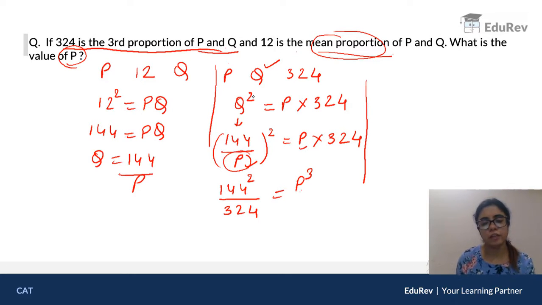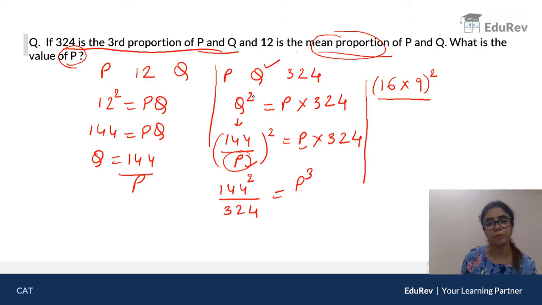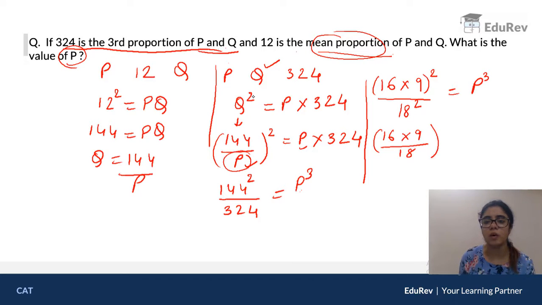Now can I write 144 as 16 into 9? 144 is 16 into 9, the whole square. Now what is 324? 324 is basically 18 square. This is equal to p cube. So I can write this as 16 into 9 upon 18, the whole square is equal to p cube.